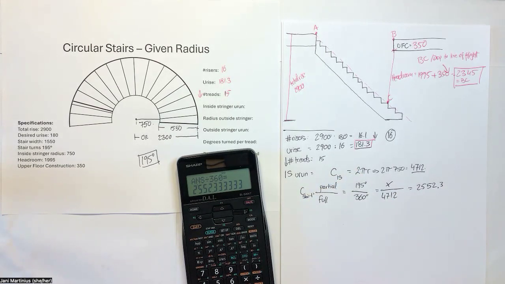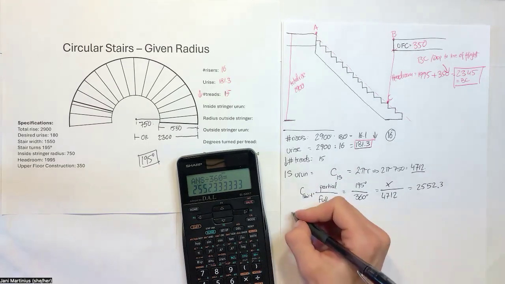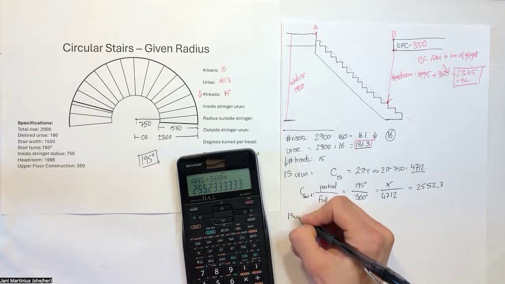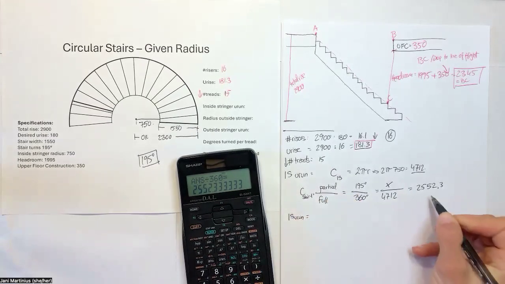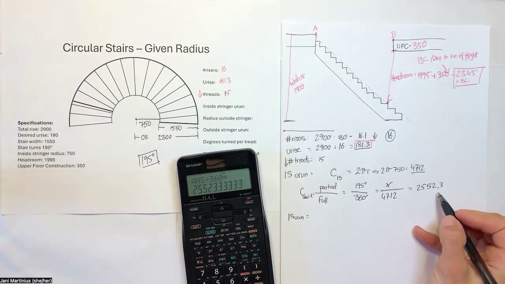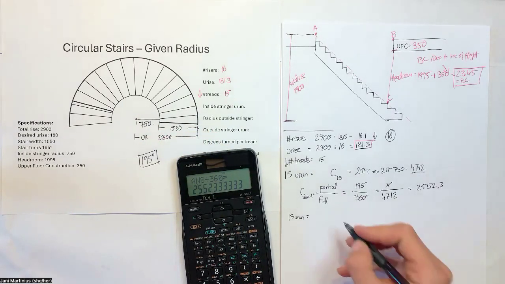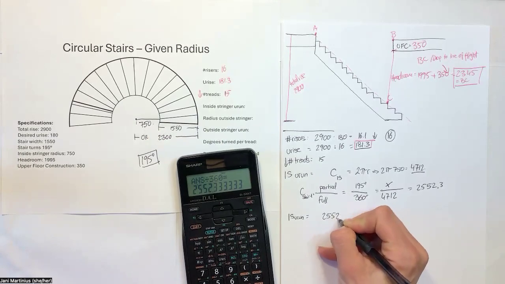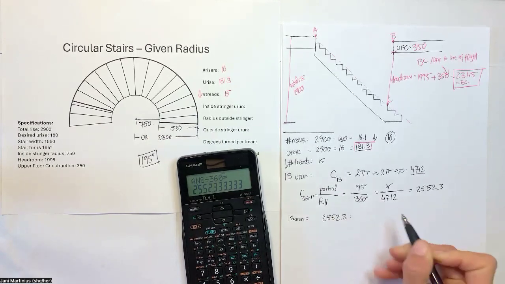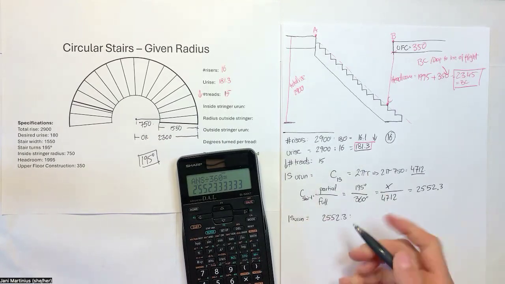So from here, can we figure out how long our actual inside unit run is? Yes, we can. Inside unit run is the circumference of just our stair divided by the number of treads. 2552.3 divided by how many treads do we have? 15.